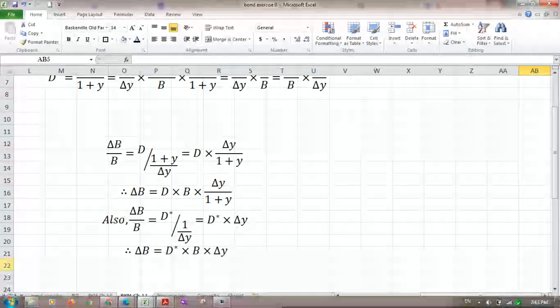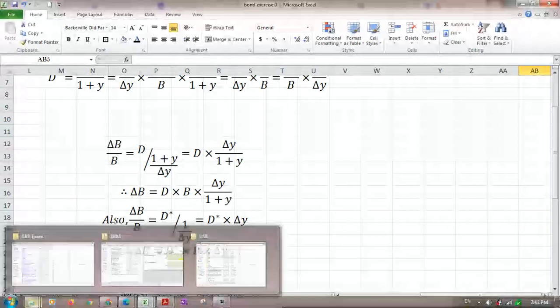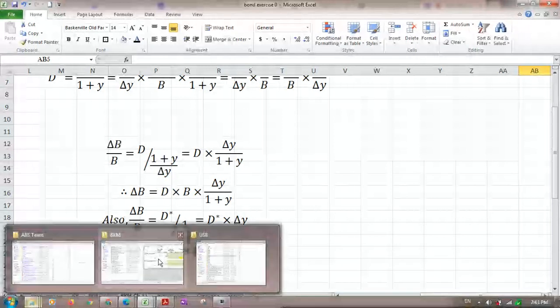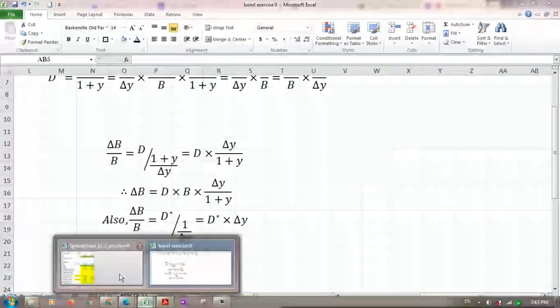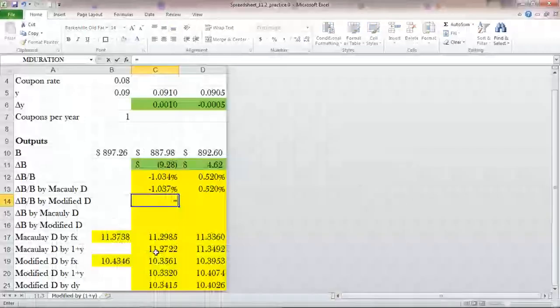So the modified duration, I'll use the modified duration calculated by Excel.